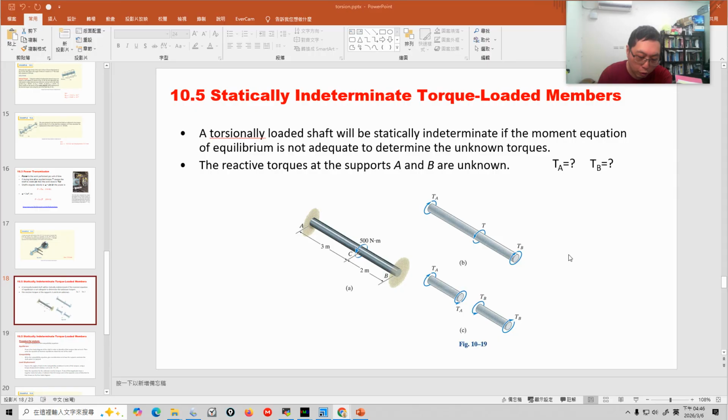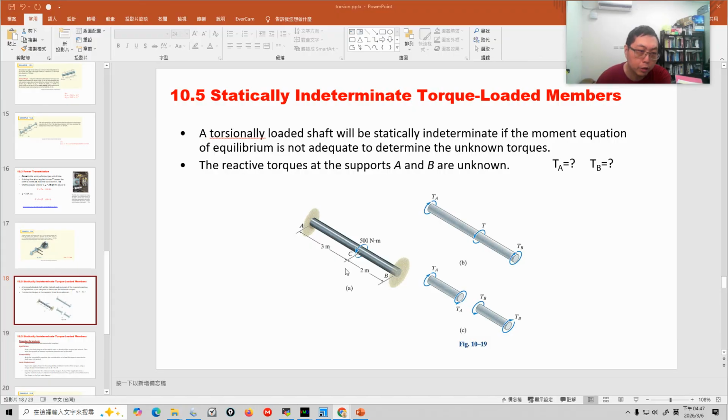Because the whole system is static, we have rigid body equilibrium, so the resultant force and the resultant moment for the system are zero.